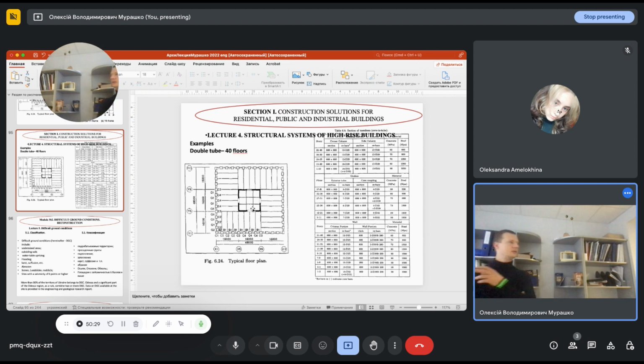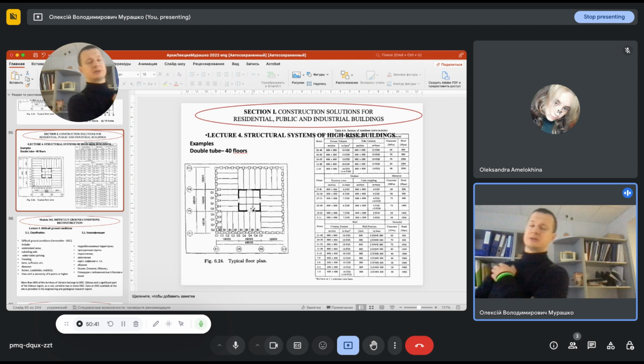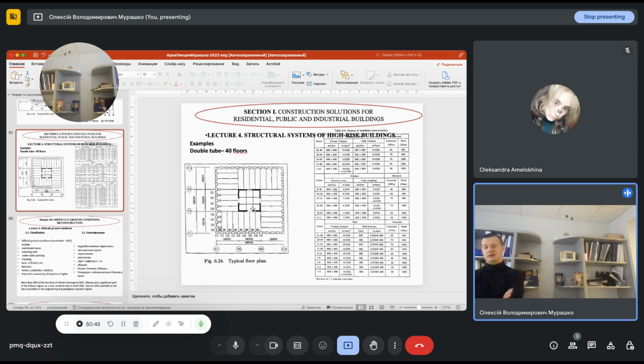And this lecture that we have considered right now was devoted to high-rise and multi-story buildings, and we have analyzed the behavior of buildings with such a big amount of floors from the architectural point of view. So how can we make this same amount of floors with various structural solutions? So that's all for today.